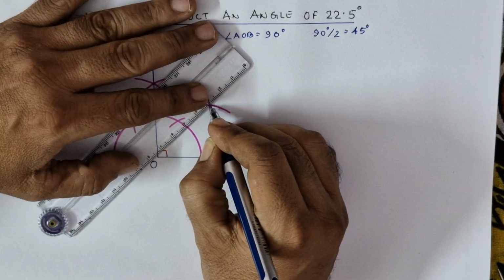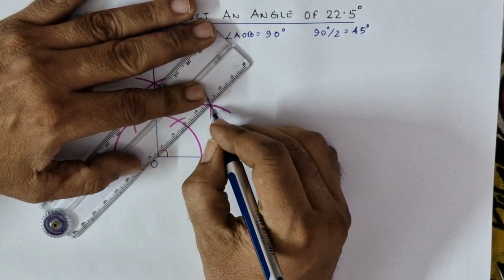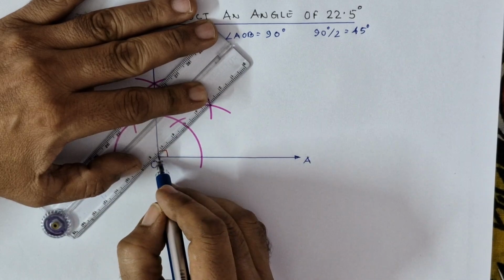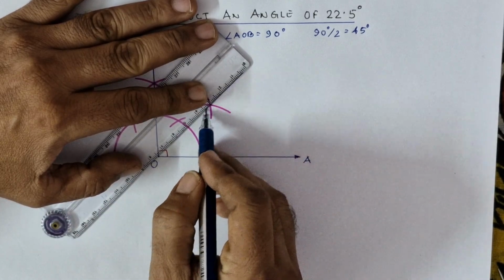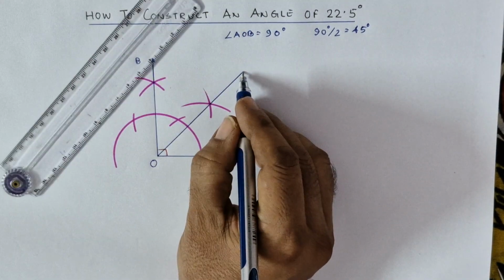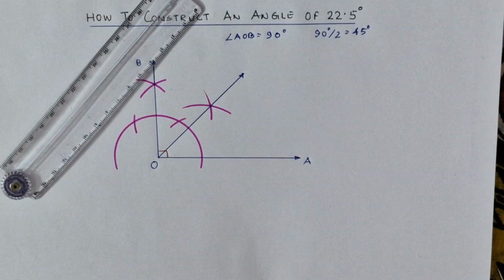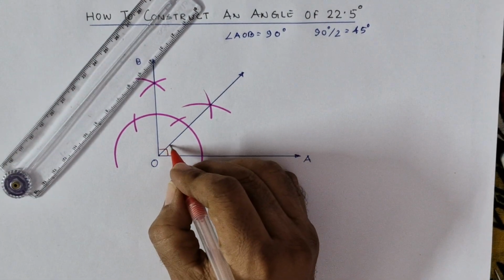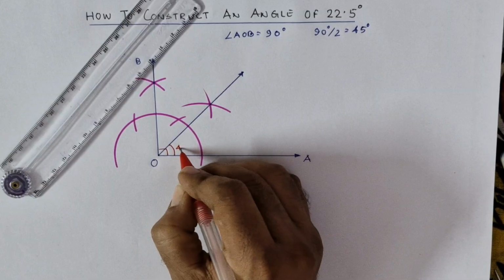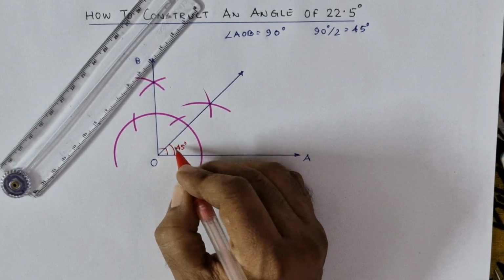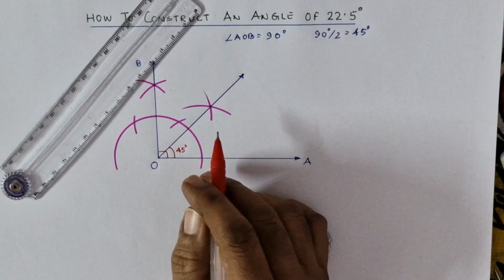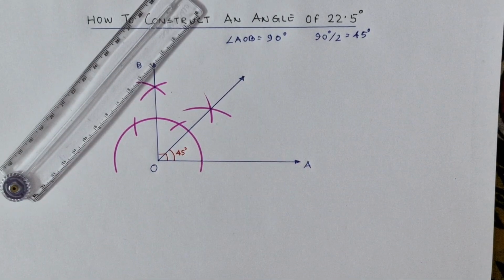Point carefully in the angle, mark the intersection point, mark the O and just join them. You're going to get 45 degrees. So this is 90 and this is 45. Again, we will bisect 45 degrees into two halves and you will get 22.5 degrees.